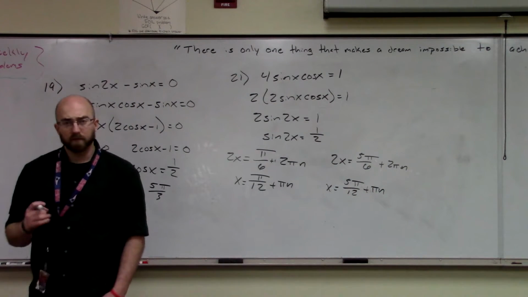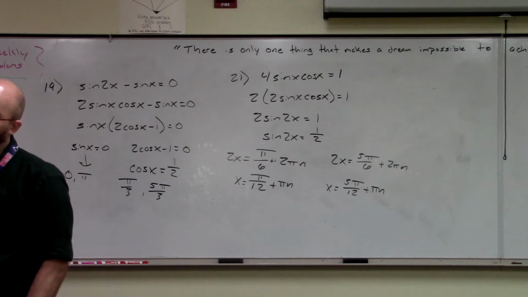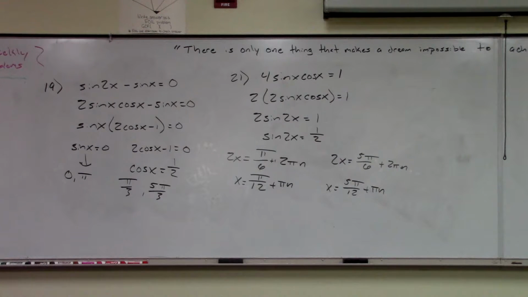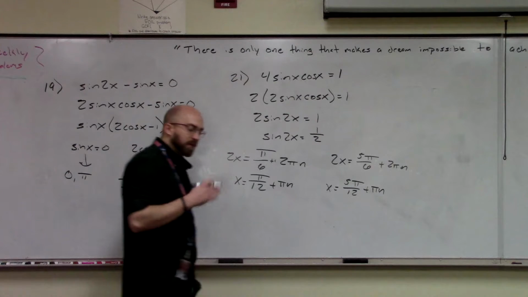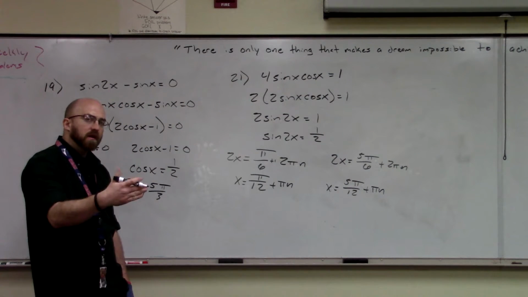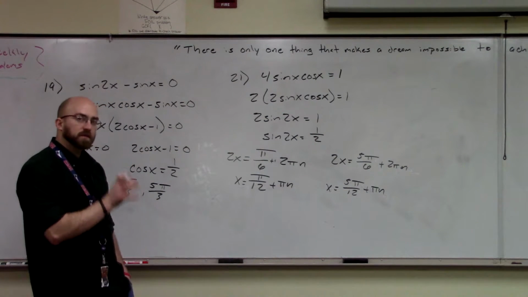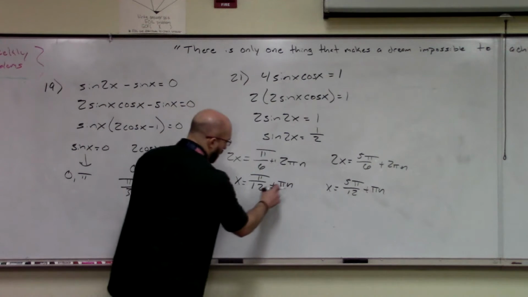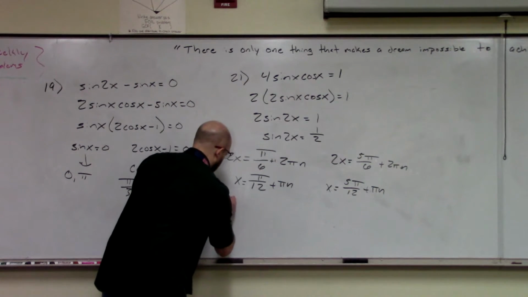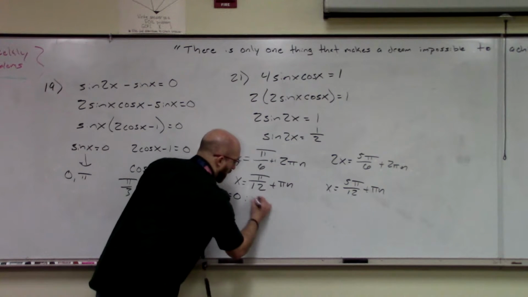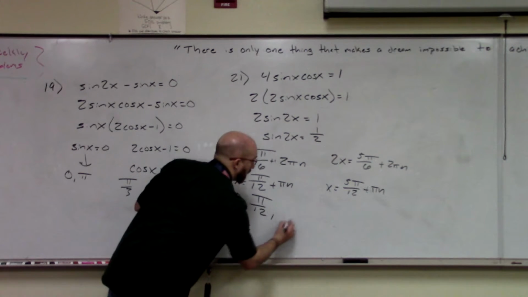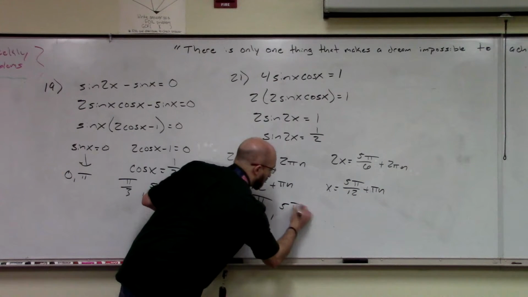Now, my students have a hard time with this, and I try to explain the easiest way: when n equals 0, evaluate these until our values are greater than 2 pi. Because remember, our interval is from 0 to 2 pi. So when n equals 0, our only answers are pi over 12 and then 5 pi over 12.